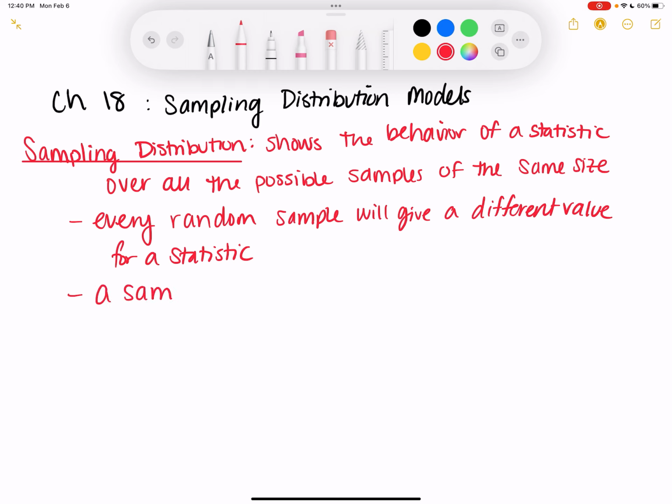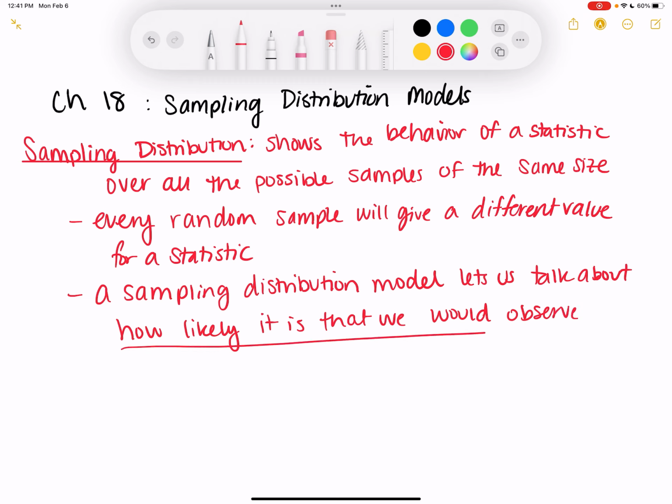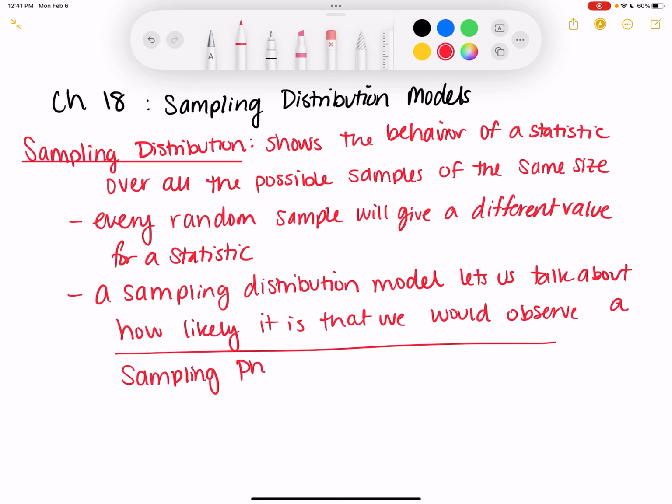A sampling distribution model lets us talk about how likely it is that we would observe a sample proportion in any particular interval.